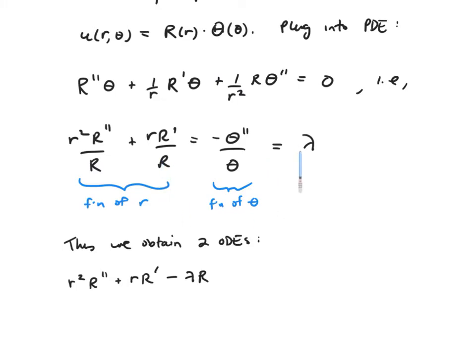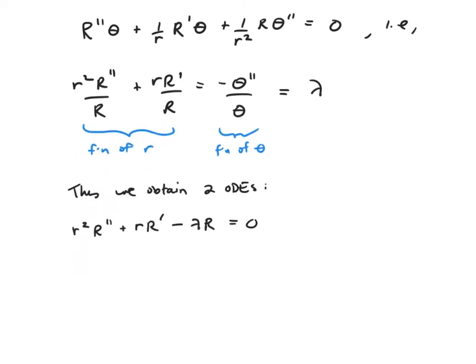So there's my first ODE in R. And then I've got the theta one, that's theta double prime plus lambda theta equals 0. And then the boundary conditions, they're going to be periodic in theta.